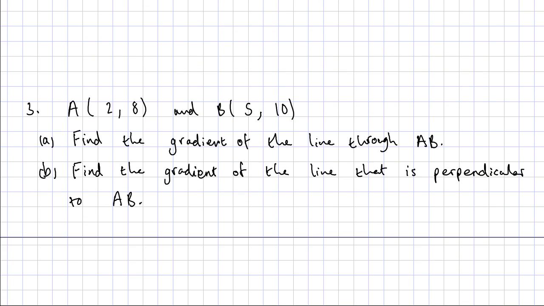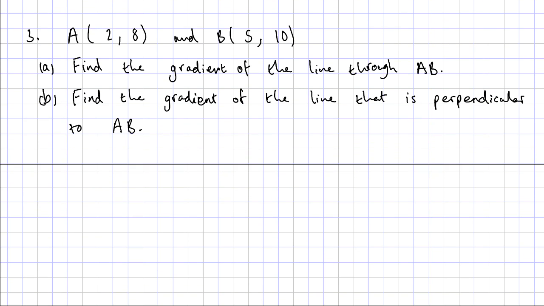Now in this next question, I have 2 points given. So A is (2, 8) and B is (5, 10). Find the gradient of the line through AB. So I need to find the difference in y values and the difference in x, and I need to divide them. So the difference in y values is going to be 10 take away 8.